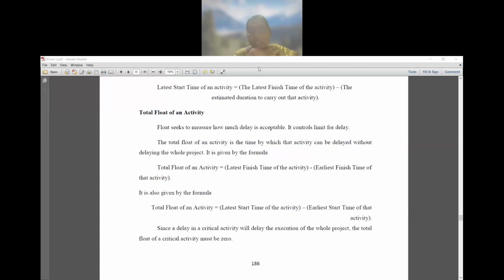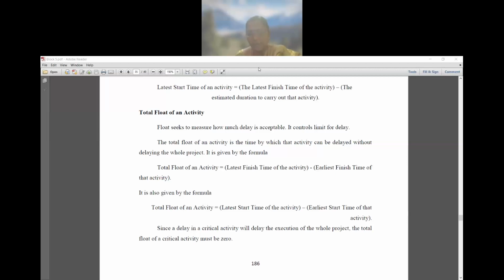It is determined by using the formula: total float of an activity is equal to the difference between the latest finish time of the activity and the earliest finish time of that activity.